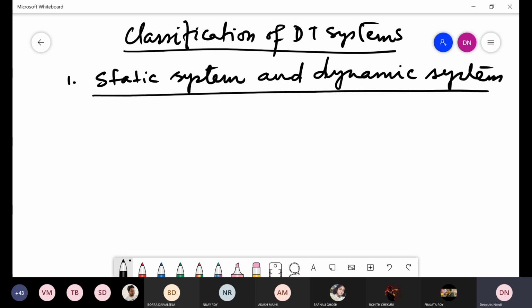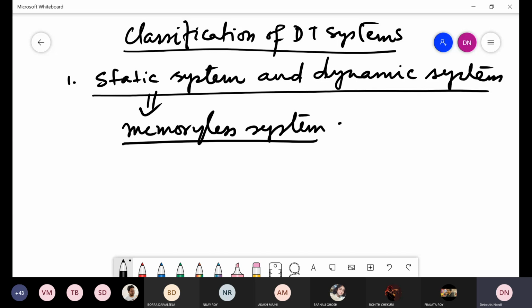And what is a static system? A discrete time system is called static. This static system is sometimes called a memoryless system. So this static system is also called a memoryless system.